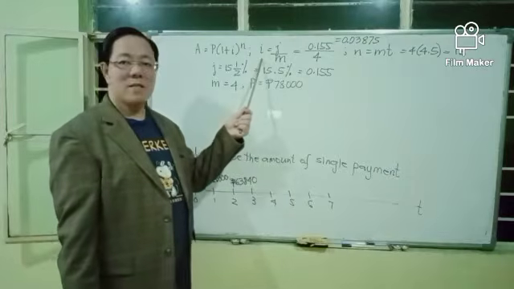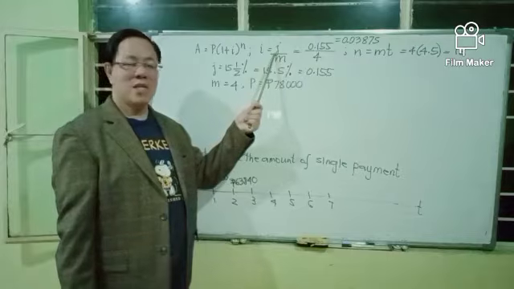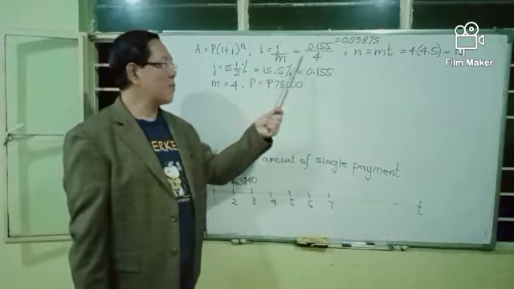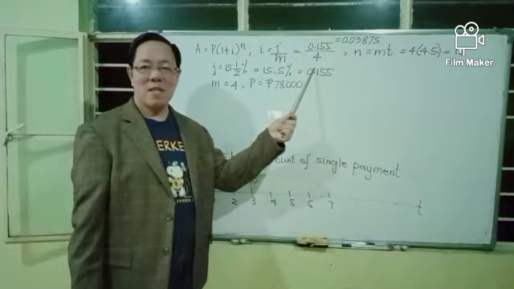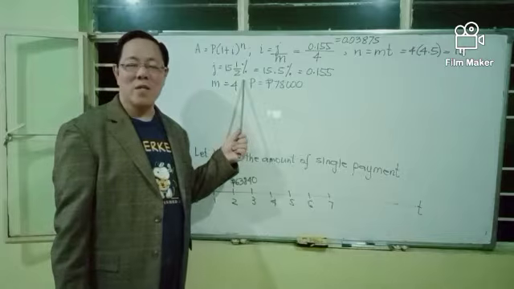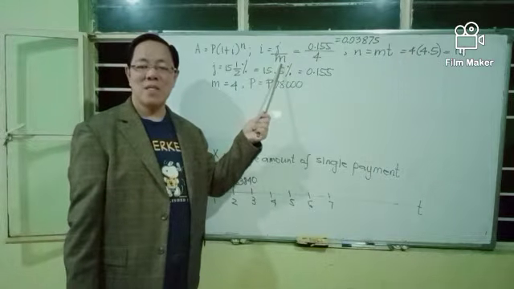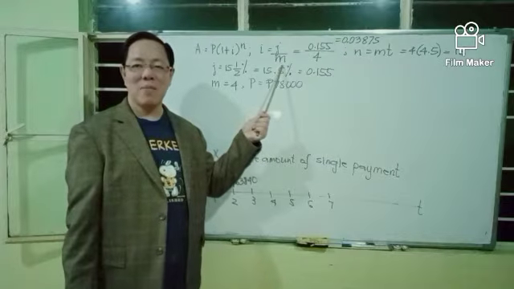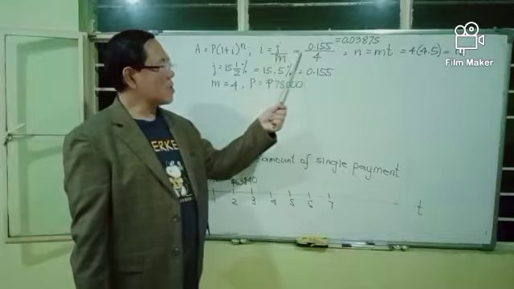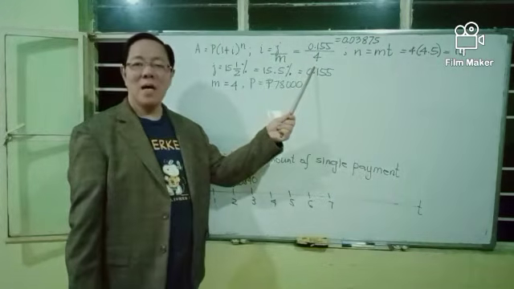And the interest rate every 3 months is the compound interest rate J divided by the number of interest computations in 1 year, which is 4. Because the problem says the given interest rate of 15.5% is compounded quarterly, which means that m is equal to 4. That means interest will be computed 4 times in a year, every 3 months. And small i is equal to 0.155, the compound interest rate, divided by m, which is 4.